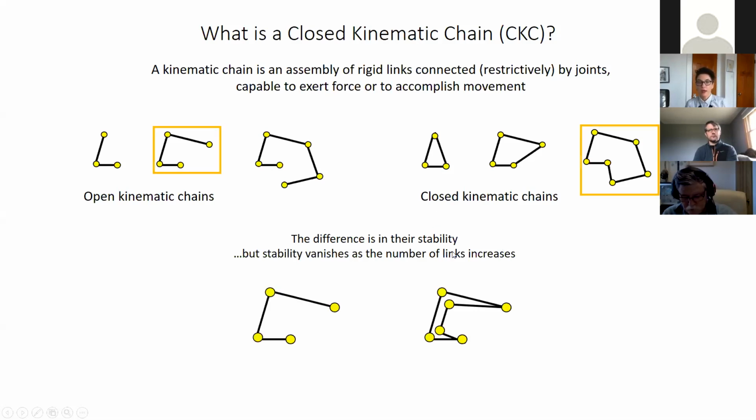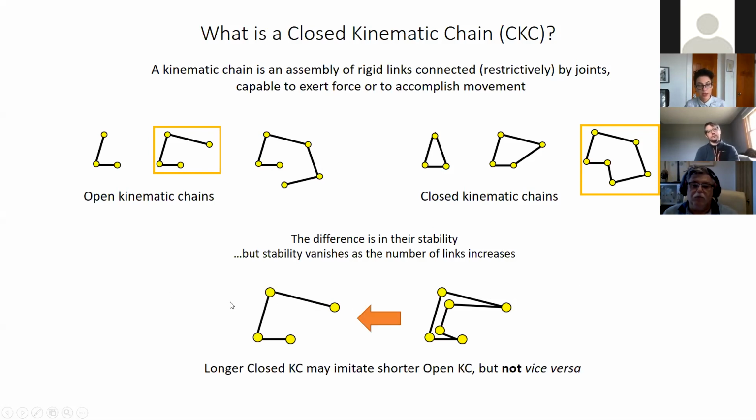But we can mimic an open chain by using a closed chain. For example, here a 6-link chain is folded on itself, and it looks morphologically like a 3-link open kinematic chain. Now, this transition can be done only in one direction, right? We cannot mimic a closed kinematic chain by an open chain without closing it.